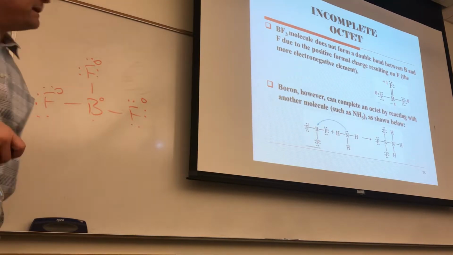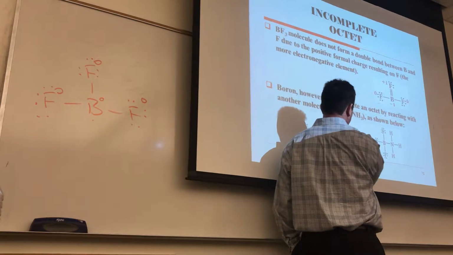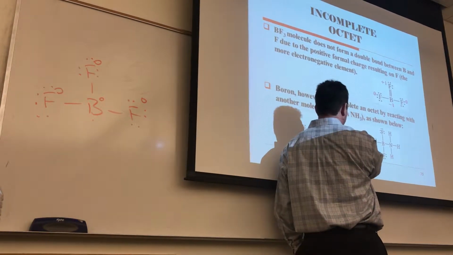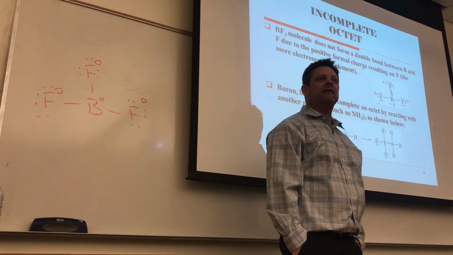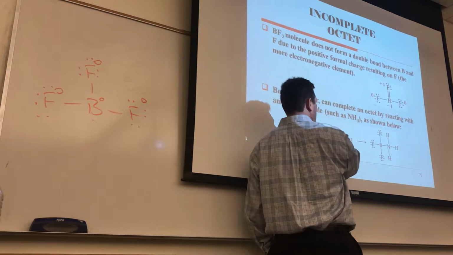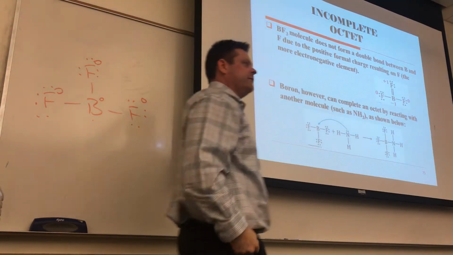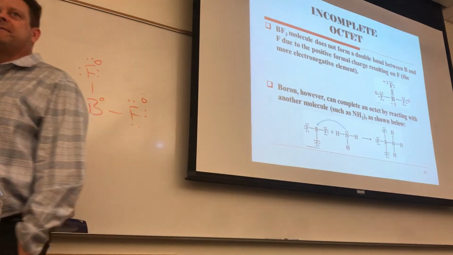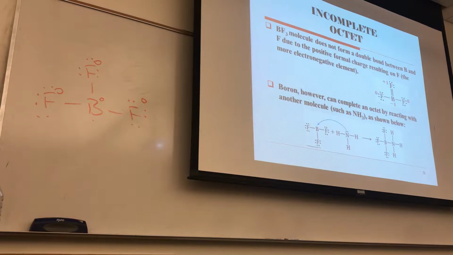Now, that does not mean that I can't take something like ammonia. So this is ammonia here, right? NH3. And that has one lone pair, 2 electrons sitting on top of it. I could take these two and bind to the boron, forming a bigger complex, but there I have 2 electrons to share with it. Correct. In fact, that's called electron donating.